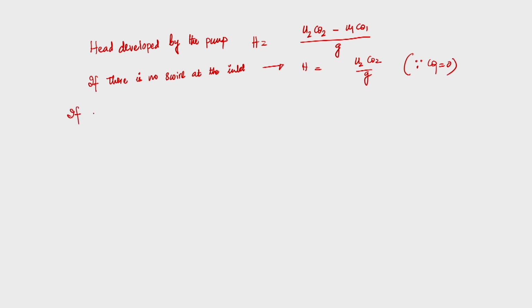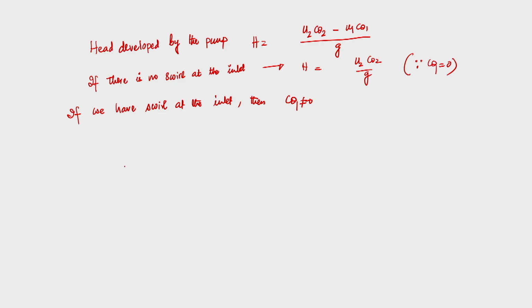Now, if there is no swirl at the inlet, then we can express it by U2 C theta 2 by g, but if we have swirl at the inlet, then C theta 1 is not equal to 0, whether the fluid entering the pump will have a different rotation or the same rotation as the impeller.